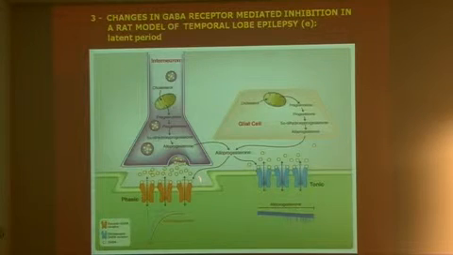GABA, when released from a synaptic terminal, will activate synaptic receptors and will cause a phasic hyperpolarization, the IPSP. But when there is a spillover or ambient GABA, it will activate the extrasynaptic receptors, then there will be a tonic inhibition that actually is more evident when you apply neurosteroids such as allopregnanolone.